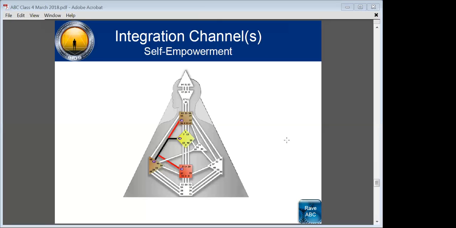One is the centering circuit and the other is the knowing circuit. And again, each of the gates in the circuit potentially quantums with 3 other gates in the circuit. It's so different than the others.